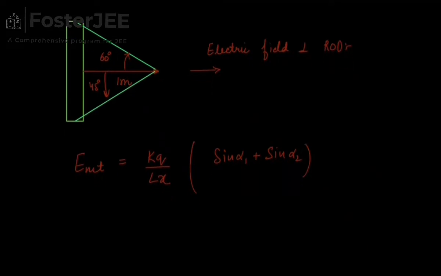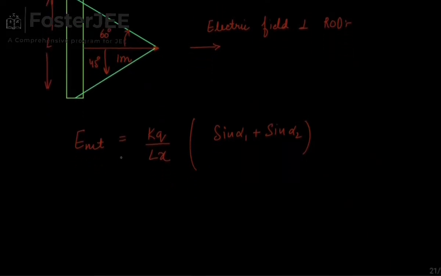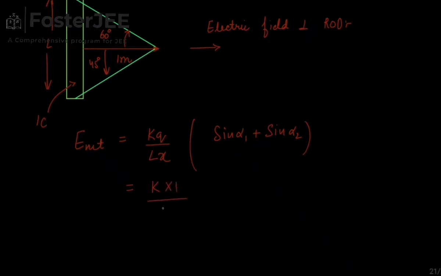Also, let us suppose its length is L. This is just to illustrate something. So our electric field becomes, suppose a total of 1 coulomb charge is present on the surface. So it becomes k into 1 upon L into x, where x is 1 meter.